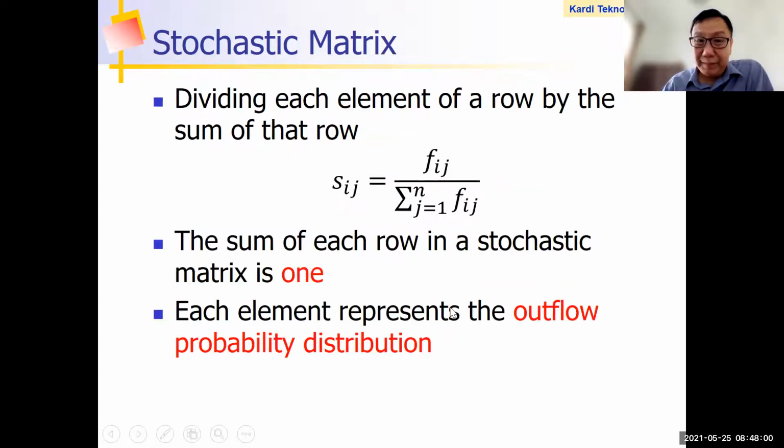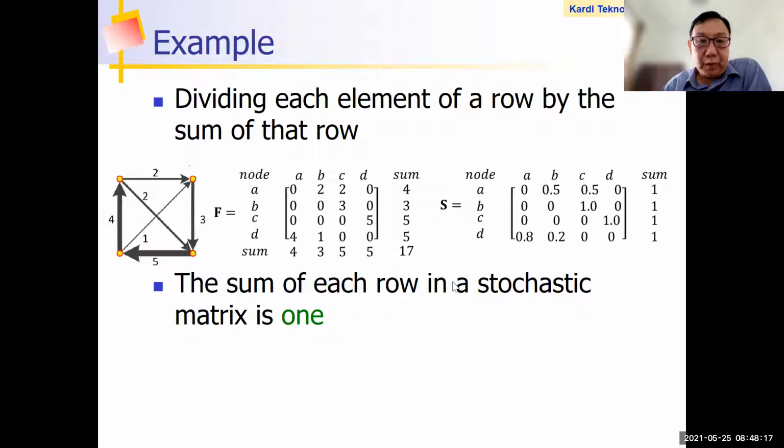Still abstract? Okay, so once you have the flow matrix, all you need to do is to divide the flow matrix with the sum of flow matrix, then you will get stochastic matrix of Markov chain. I'll give you an example. So this is the flow matrix, and then you divide each row with the sum of each row. Can you see it?